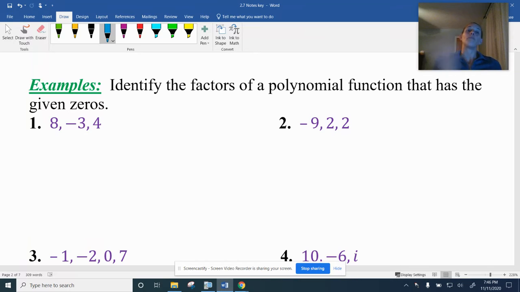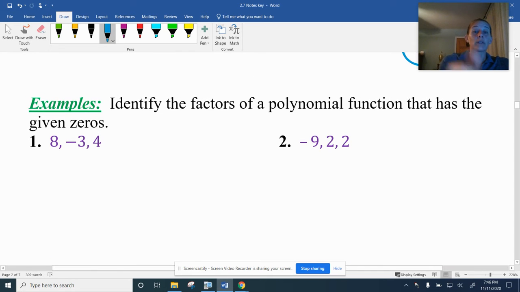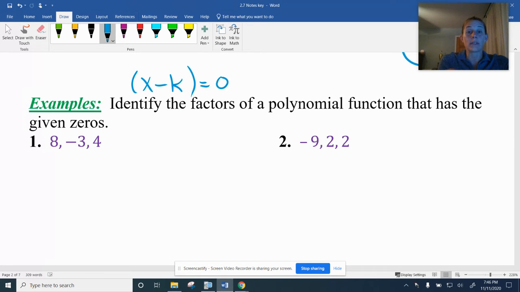So we can simply go backwards by putting these into that factored form. So, for example, if you know that x minus k is a factor and you set that equal to 0 to solve it, then you would actually end up with x equals k. So that would be your 0. So this would be your factor, and this would be your 0.